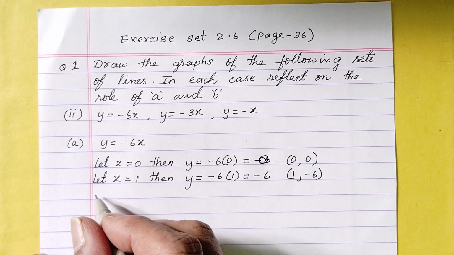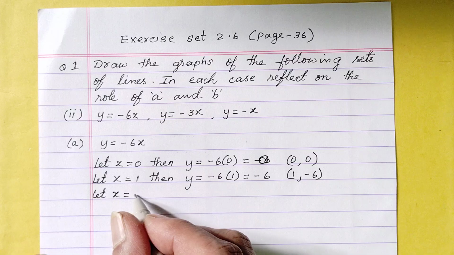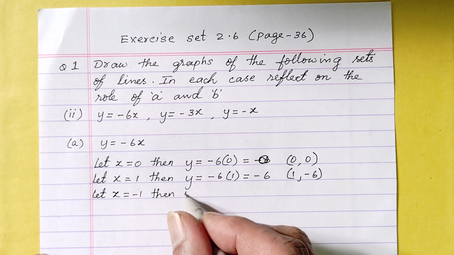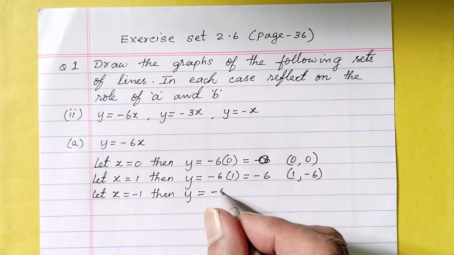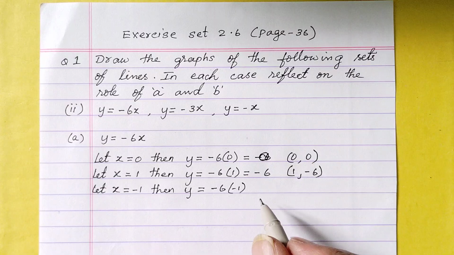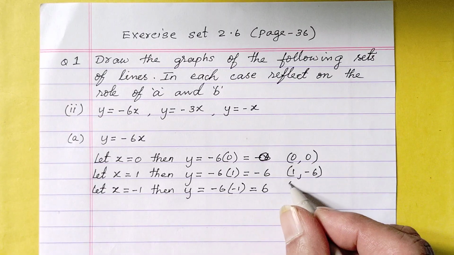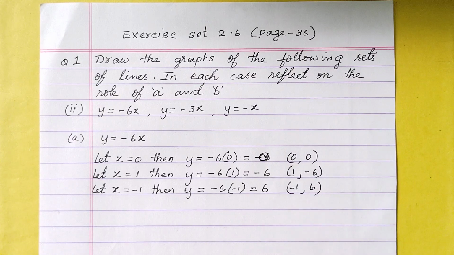Next, let x be equal to minus 1, then y will be equal to minus 6 into minus 1, that's equal to plus 6. So it is minus 1, plus 6.